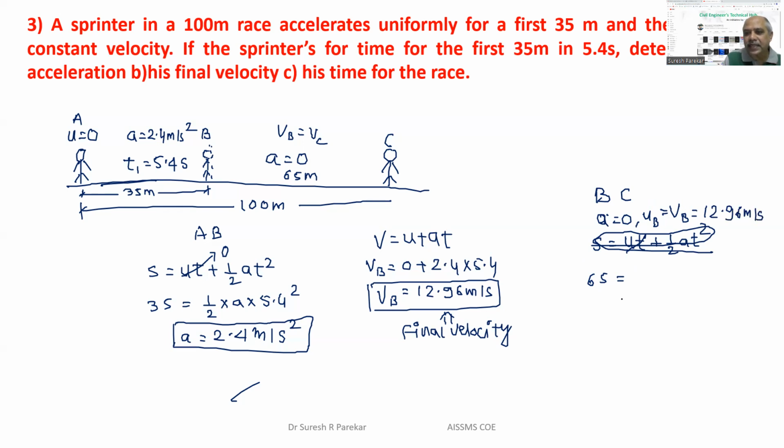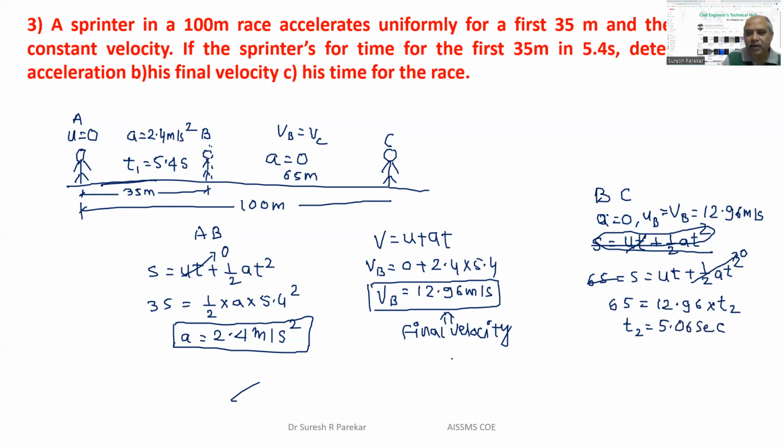And then we have a equal to 0. So if I use the equation S equal to UT plus half AT square, then my A is 0, and initial velocity is equal to final velocity, 12.96 into T2. From this we will get the value of T2, that is equal to 5.06 seconds.